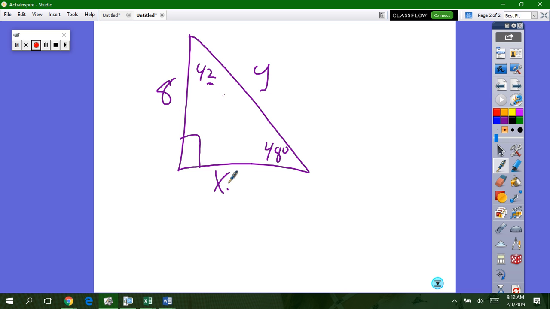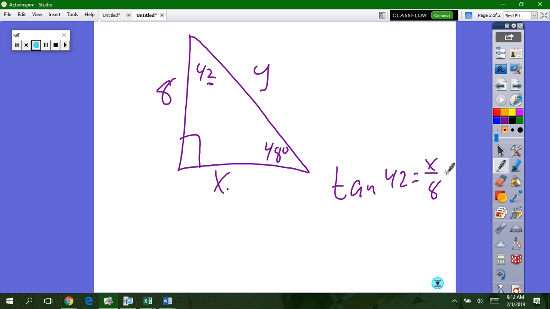So if I'm standing here and this is my opposite, and this is my adjacent, which trig function? Tangent, opposite over adjacent. I apologize for mixing that up. So tangent of 42 is x over 8.